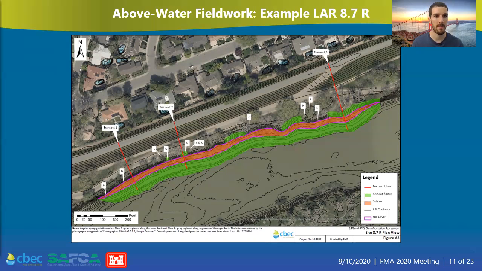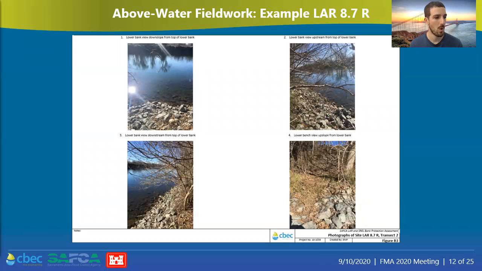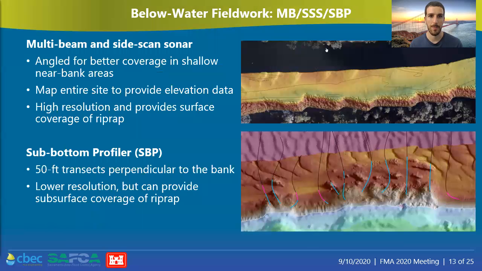And by rock type, I mean a particular set of revetment that has a defined gradation. So in this case, the lower bank has one defined gradation, and the upper bank has another defined gradation, and the cobble has another defined gradation. So for this site, there's 3 rock types. Along the way, we're also providing photo and GPS documentation to provide in the report.